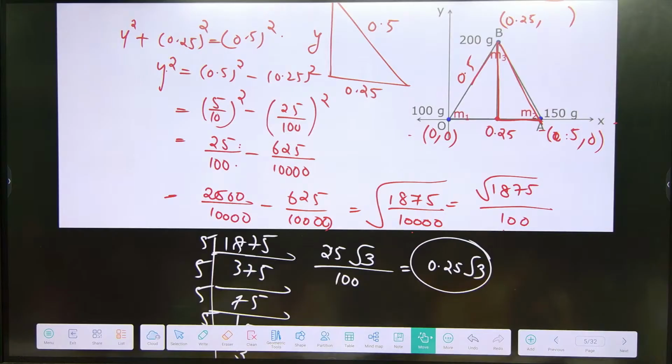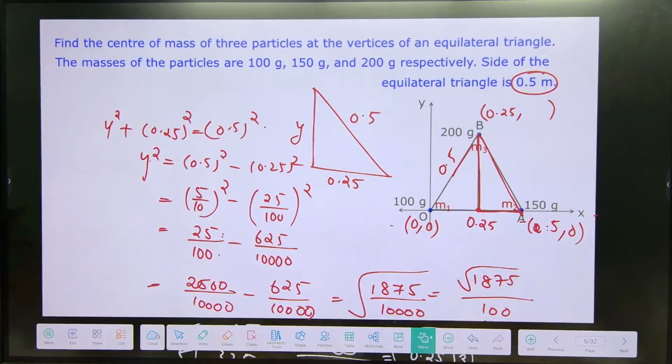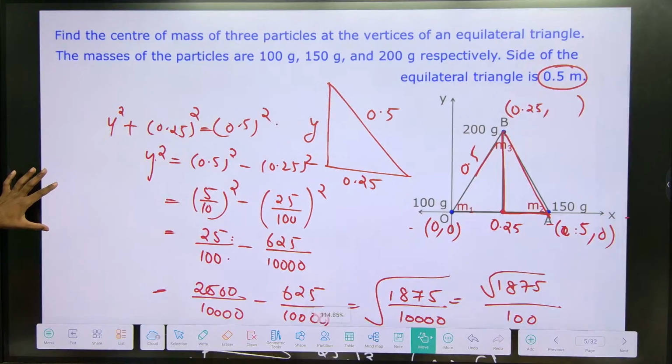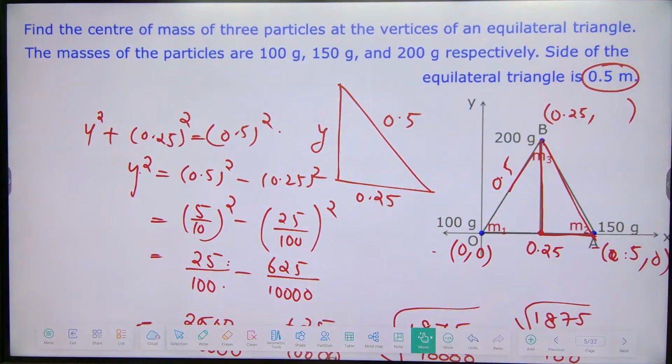The question is not completed, we still need to do the calculation of the center of mass. You need to write the question. Right. Any doubt in the calculation part to find the point?